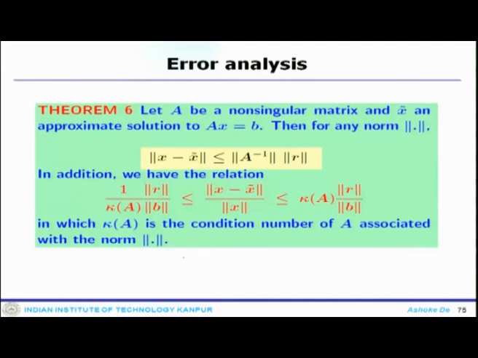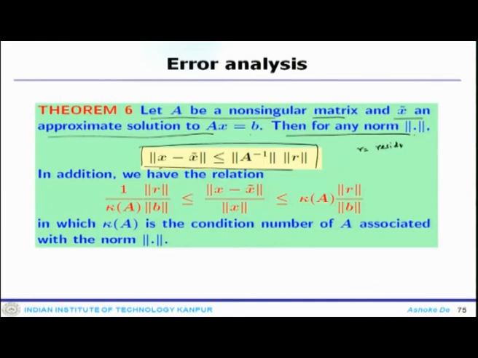That takes you to theorem number 6, which is: let A be a non-singular matrix and x prime an approximate solution to A x equals b. Then for any norm, the norm of x minus x prime is less than or equal to the norm of A inverse times the norm of R, where R is the residual vector.